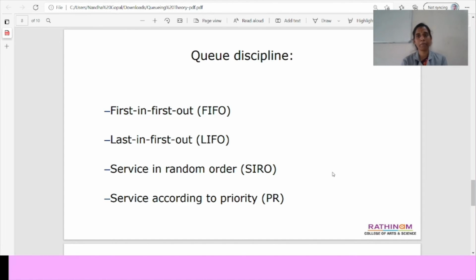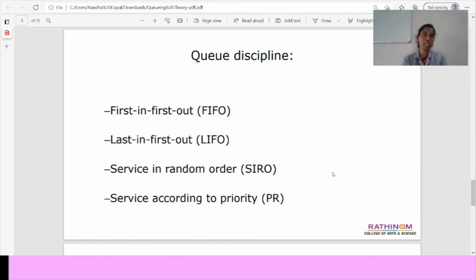Imagine the medicine shop in front of a hospital, where we stand in one line and then get service. If I joined as the first person, I will get my medicine first. This is the meaning of first in, first out. Most probably we use this model. So what is the second one?